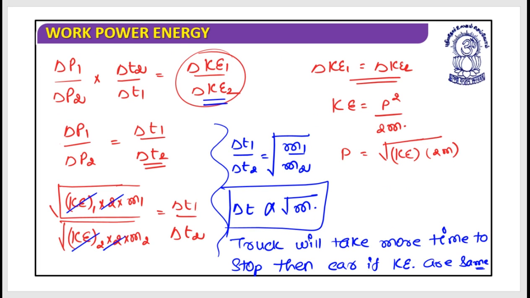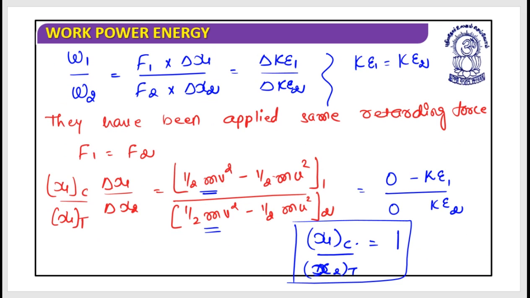The stopping time is directly proportional to the square root of the mass. That means the higher the mass, higher the stopping time. But their stopping distances are equal. Look at this. Stopping distance of truck is equal to stopping distance of car. I hope this is clear. Yes, this seems very easy, that I can find it out easily.